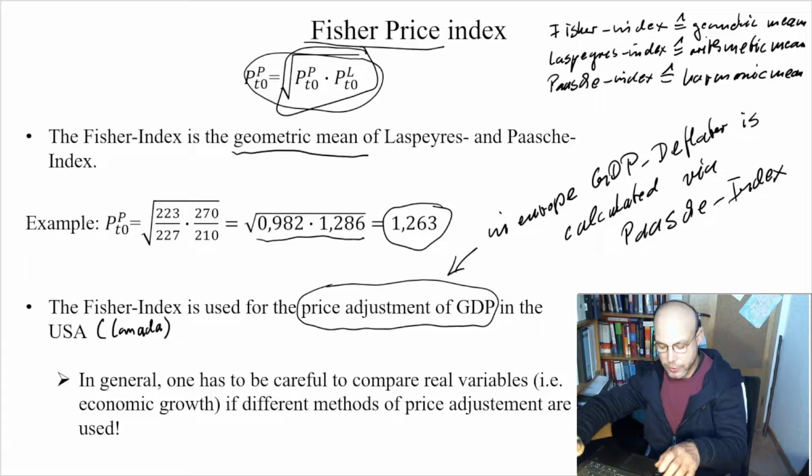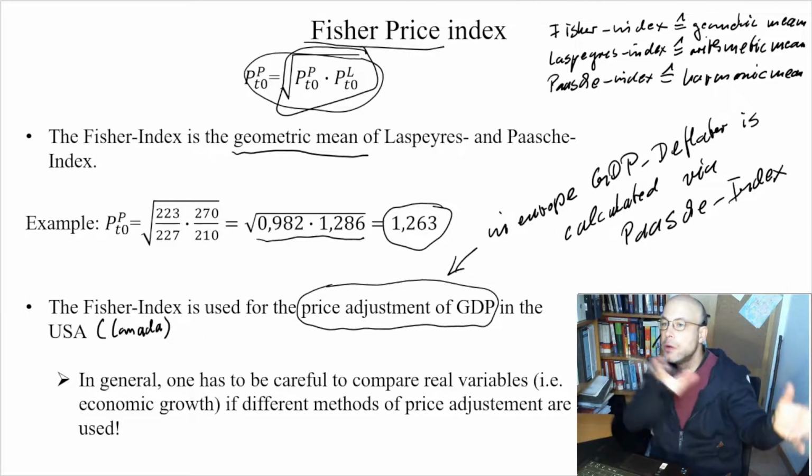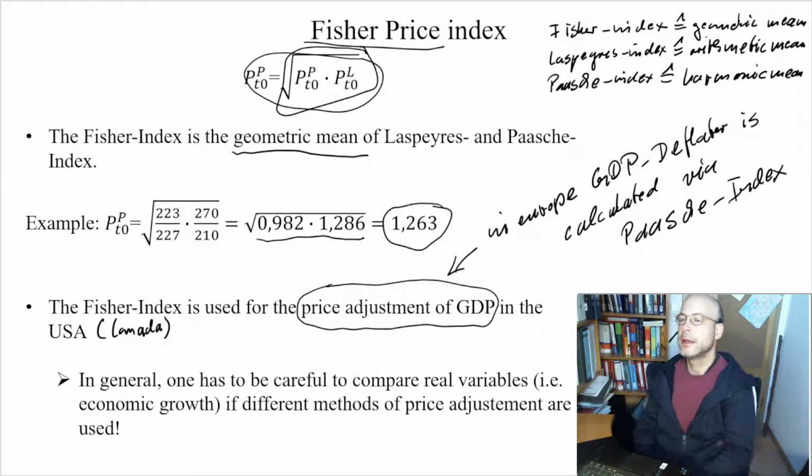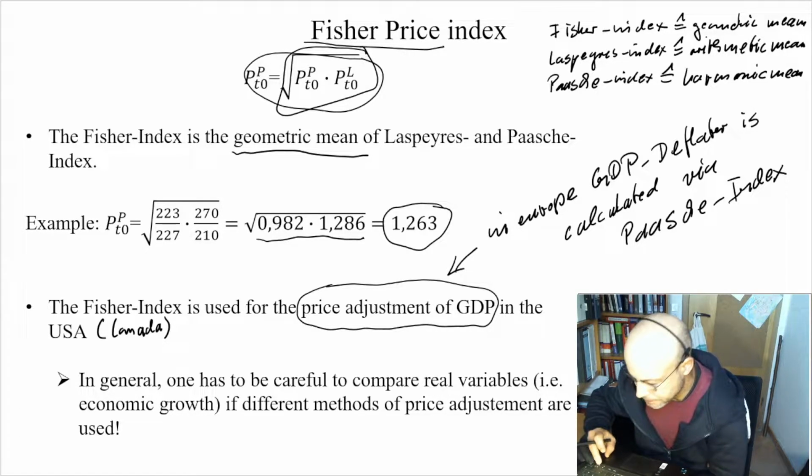And this one actually also has to know when we are comparing growth rates in the United States with growth rates in Europe, that we use two different methods for the price adjustment.